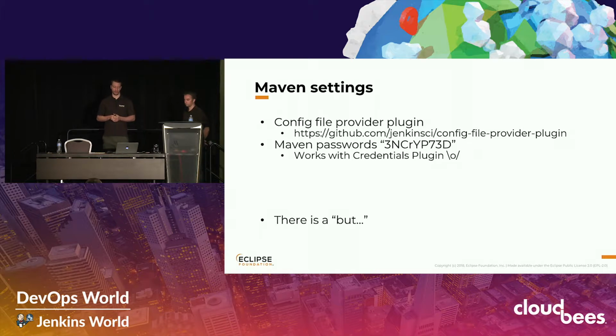And fortunately, we found a nice plugin for that, the Config File Provider plugin, and it allows storing Maven settings. And in combination with the credentials plugin, it also allows storing them encrypted. So there's a but to it. I will get to that in a couple of slides.